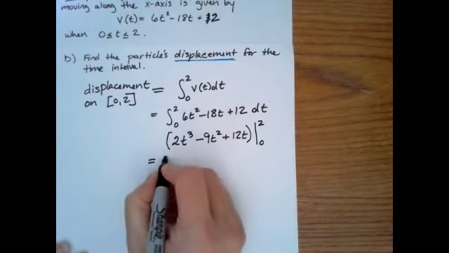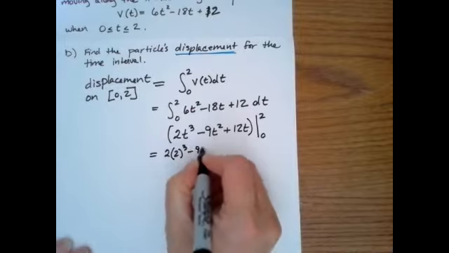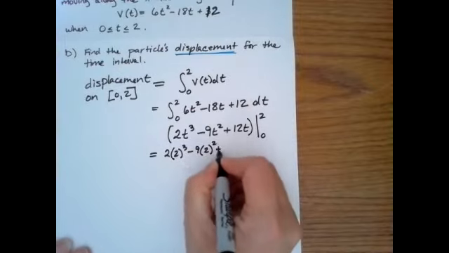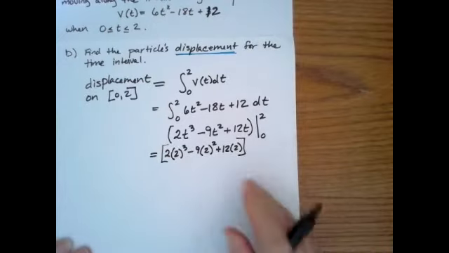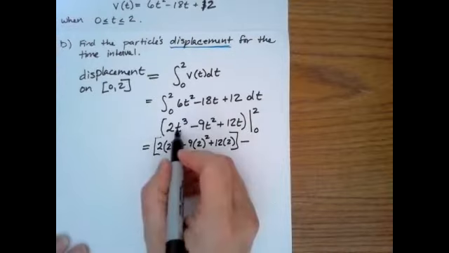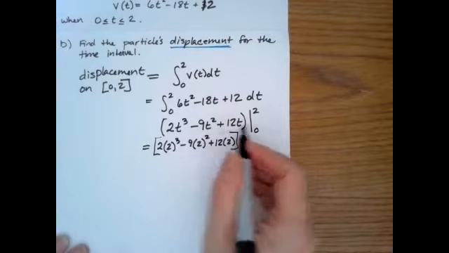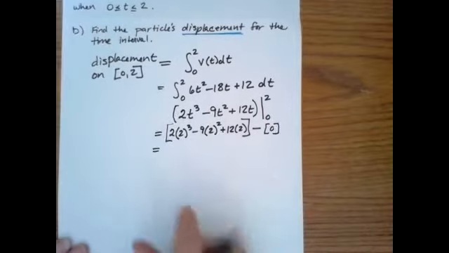Plugging in the 2 first. This is the expression for when time is 2 in there. And we'll take away the position at time 0. Each of these zeros out with a t value of 0, so I'm just going to write that as 0. Okay, now the fun begins.